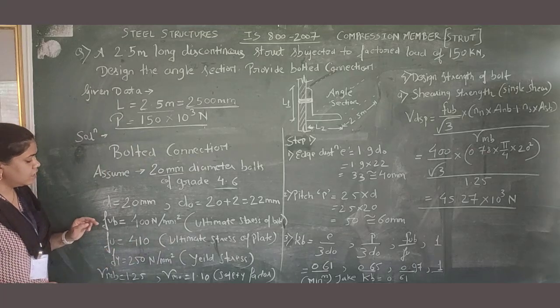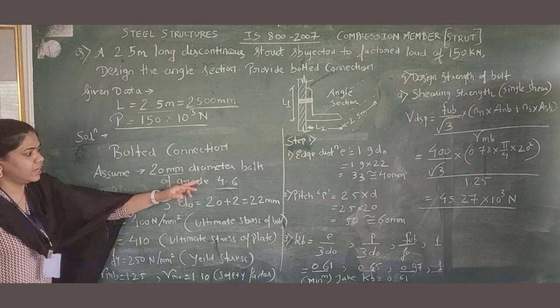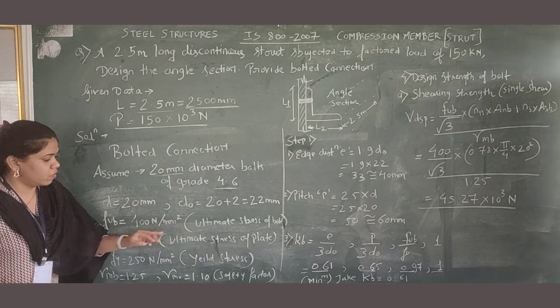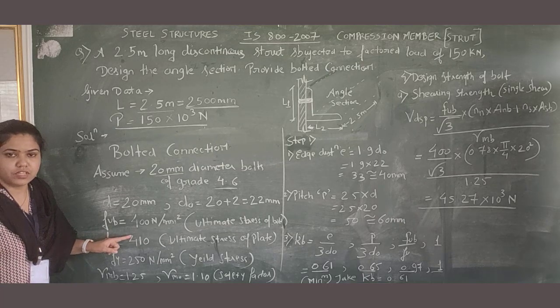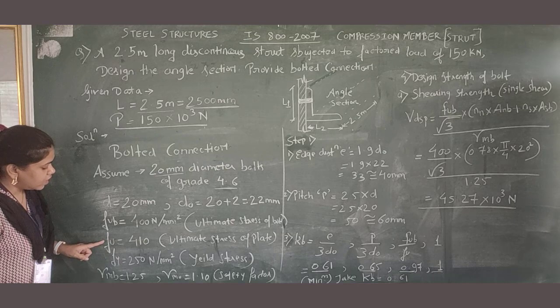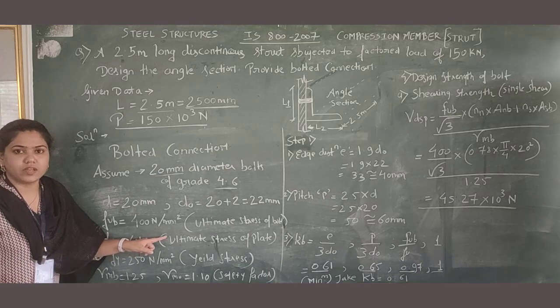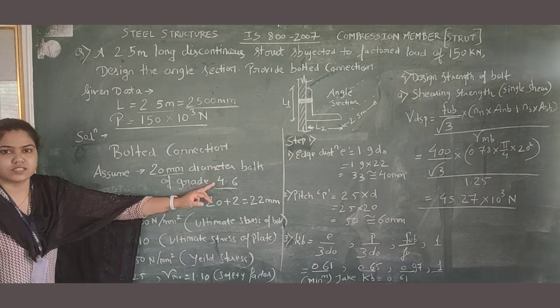Now the ultimate stress of bolt according to the grade is 400 Newton per mm square. Okay. And the ultimate stress of plate for the connection, right? Fu is given as 410 Newton per mm square. Basically, these are the parameters of grade 4.6, right?